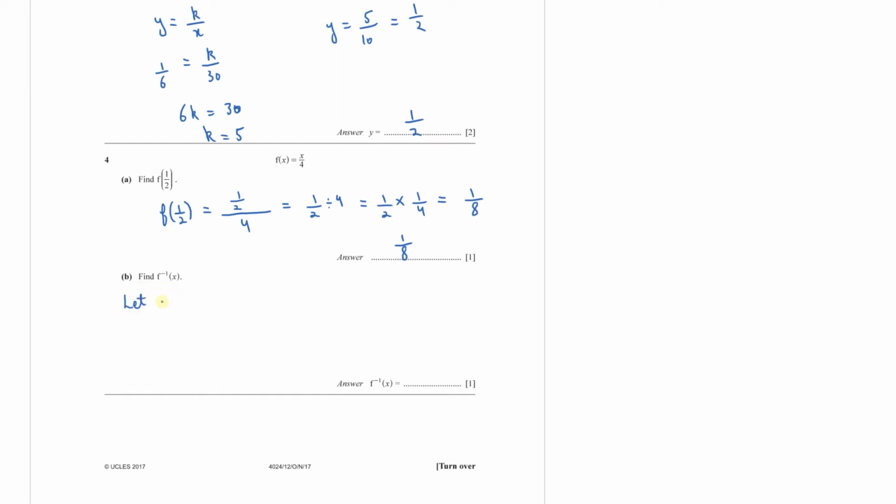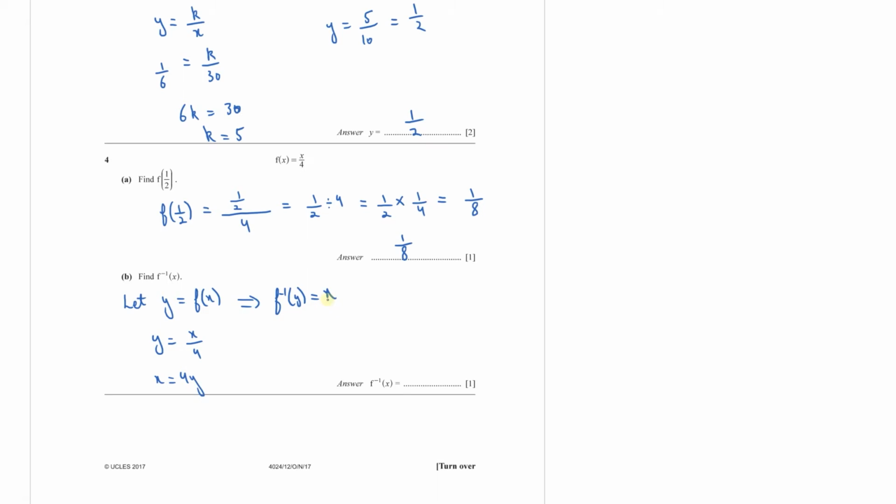Now find f inverse of x. So let y equal f of x. If I take this f to the other side, this gives me f inverse of y equals x. Now y equals f of x, which is given by x over 4. If I make x the subject of this equation, I get x equals 4y.